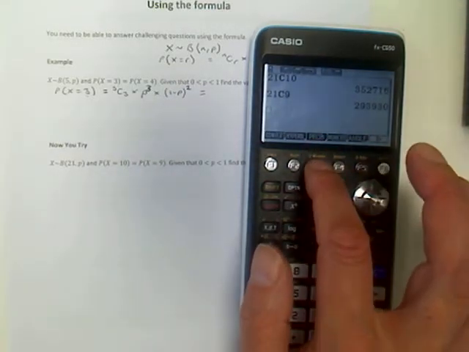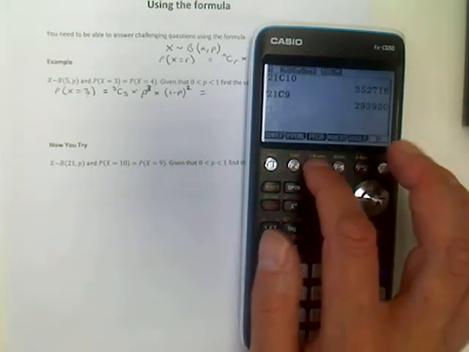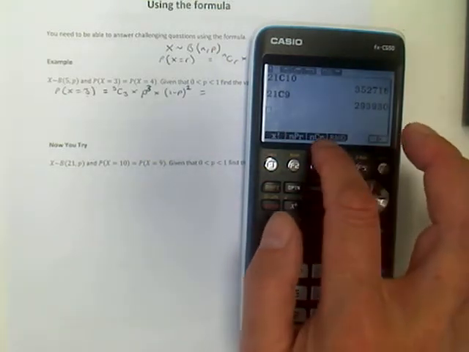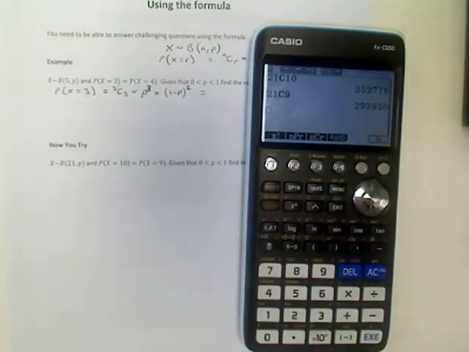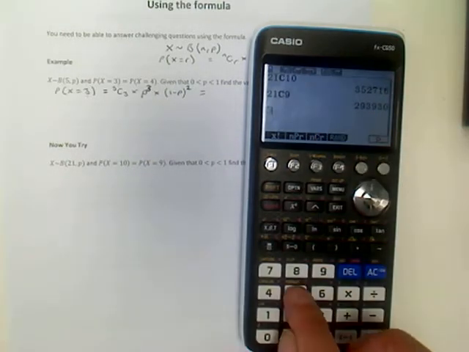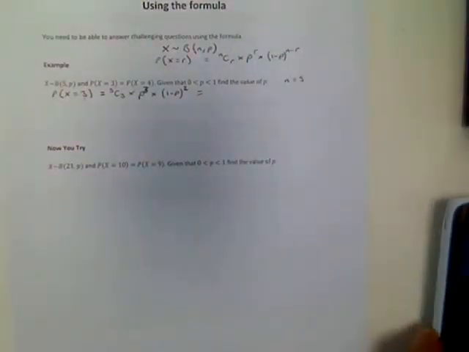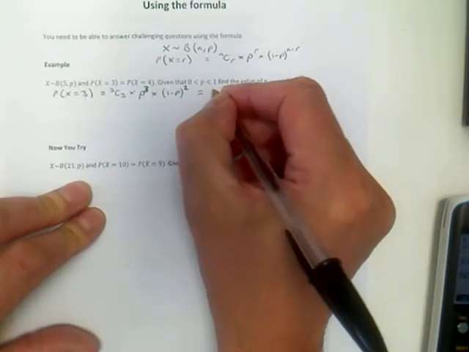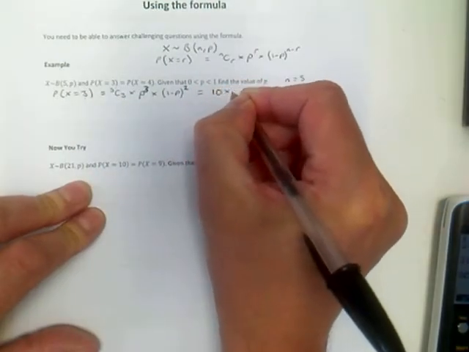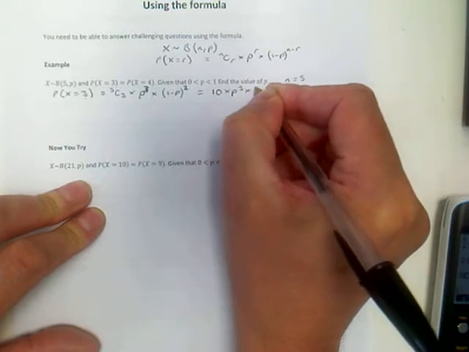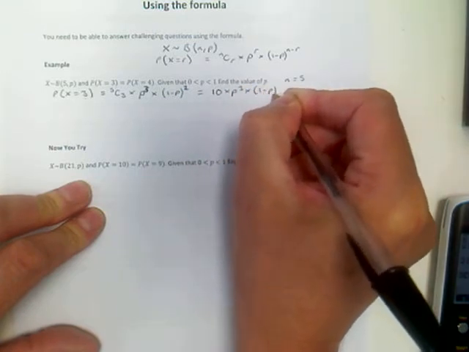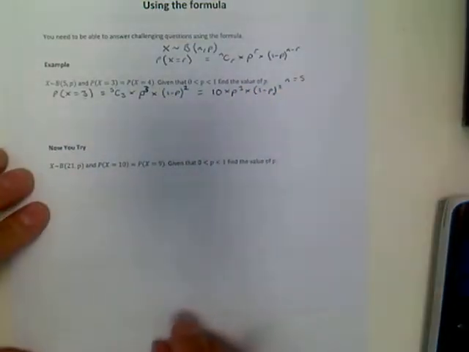We get a thing that says probability or prob. Press probability, and there's the NCR. There's a thing called NPR as well, which you can see on the calculator. So that's where I'm going to do my NCR. So I'm going to do 5 NCR 3 and I get 10. Okay, so that is going to be 10 times p cubed times 1 minus p squared, and that's as far as I can go for the moment.